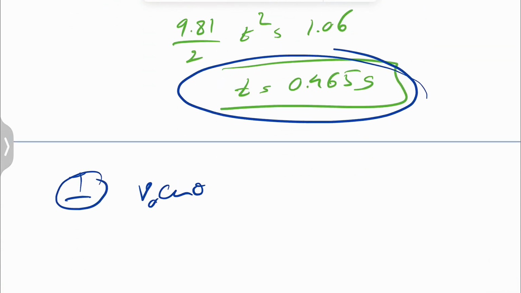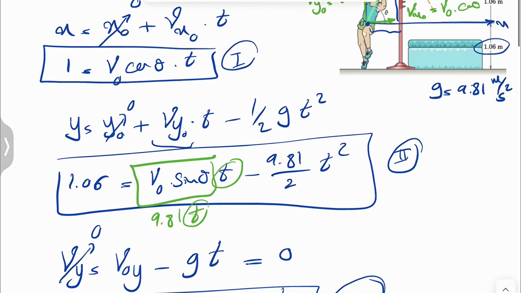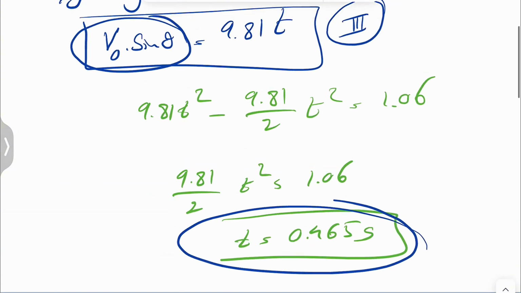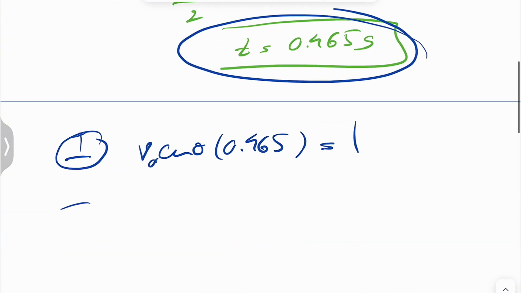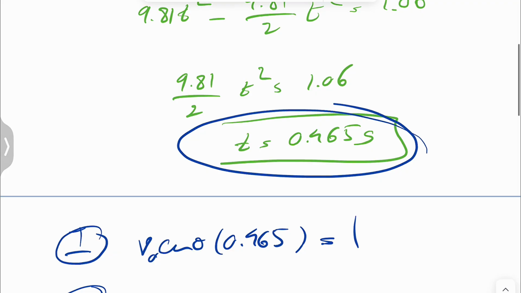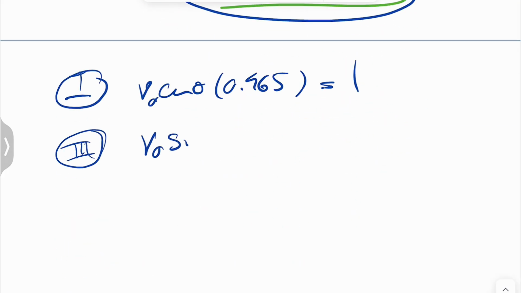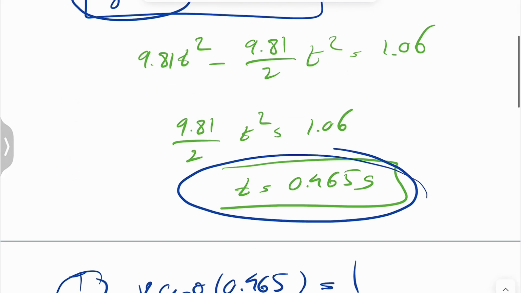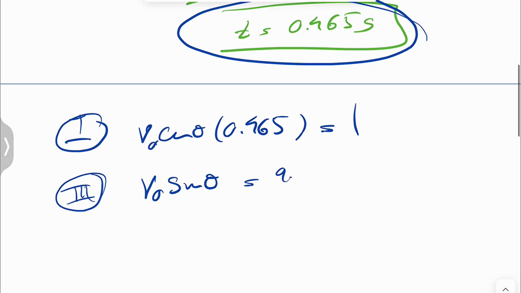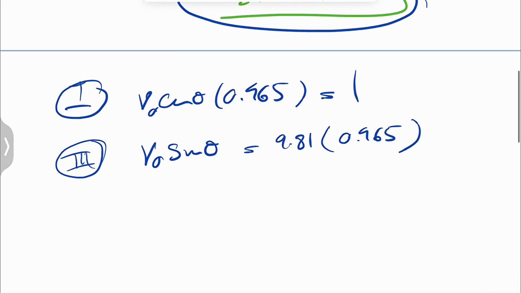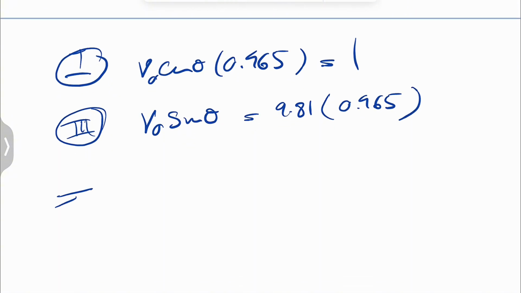Now that we have the time, from the first equation we have V0 cosine of theta times 0.465 equal to 1. And from the third equation, we have V0 sine of theta equal to 9.81 times 0.465. We can divide the third by the first to get rid of V0.